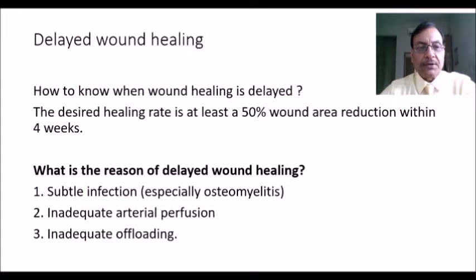What are the causes of delayed wound healing? There is subtle infection, especially osteomyelitis. There is inadequate arterial perfusion and many times inadequate offloading. We will be talking about offloading in the subsequent slides.